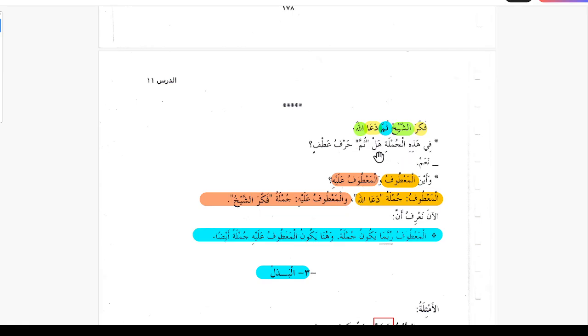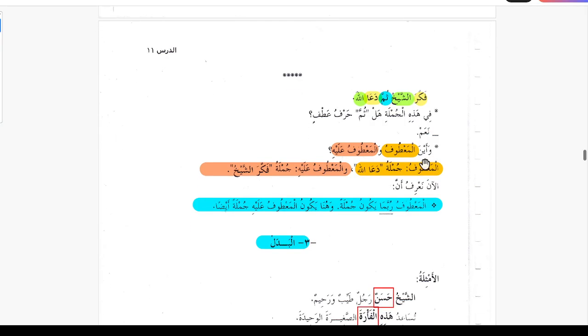So in this sentence, is summa harfu atf? Yes, naam. Wa aynal matufu wa matuf alayh, and which one is matuf and matuf alayh? Al-matuf here is the whole jumla: then he called Allah is the matuf. Fakkara shaykhu, this whole jumla is matuf alayh.